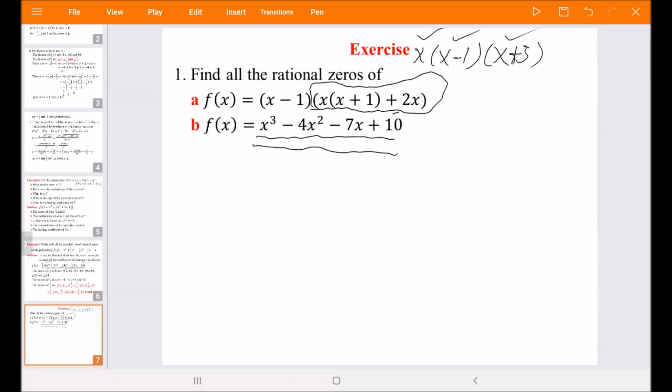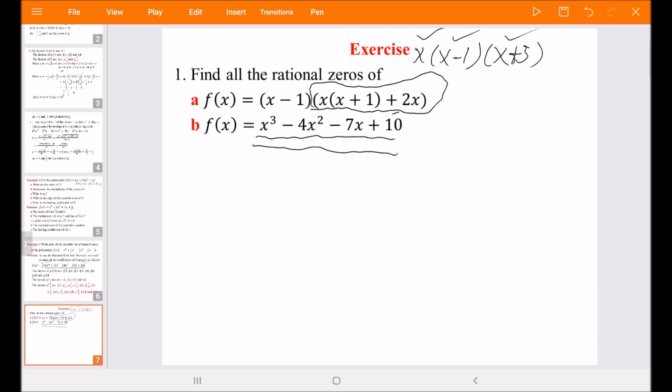Okay, we are running out of time. So let me tell you the answers. And this Friday, we are going to start how we can sketch the graph of a polynomial function.